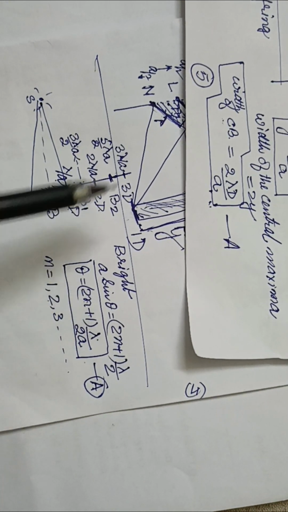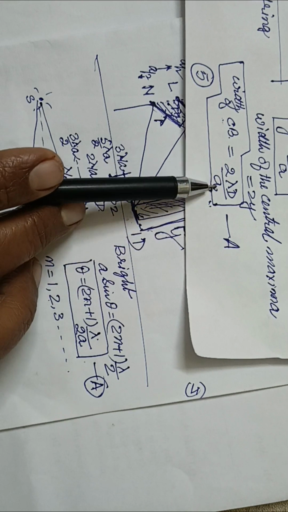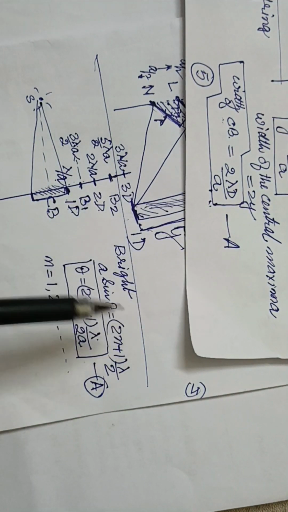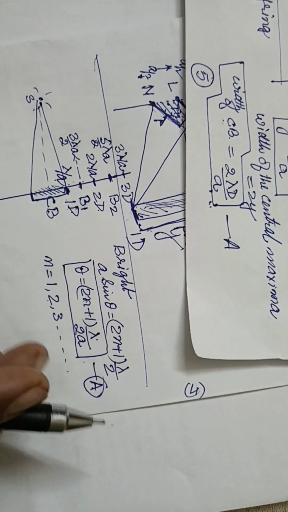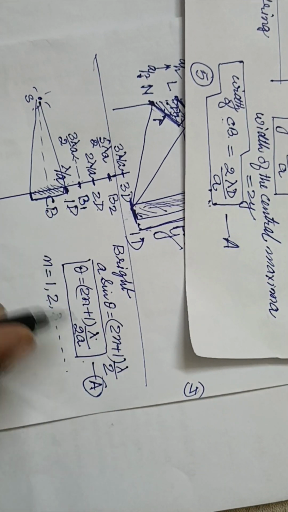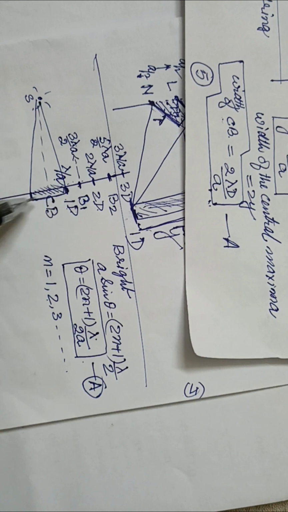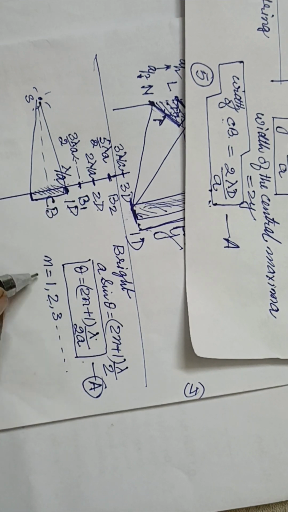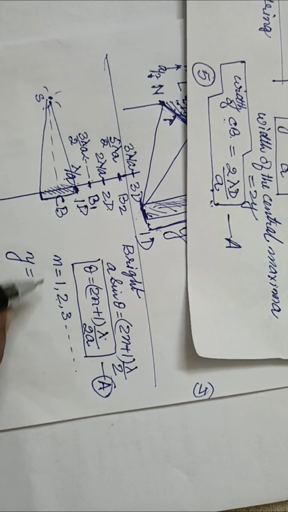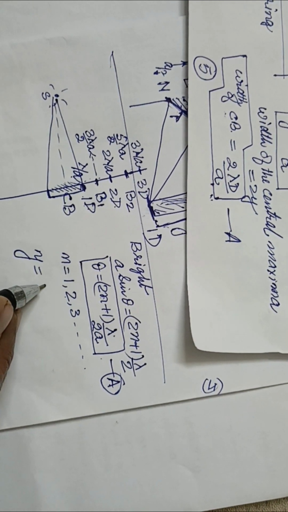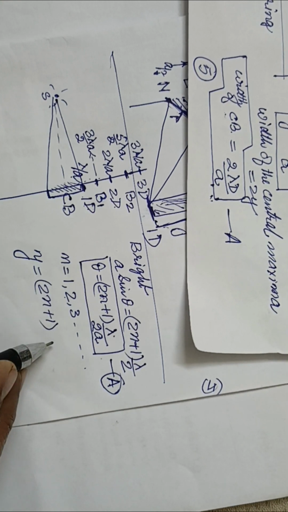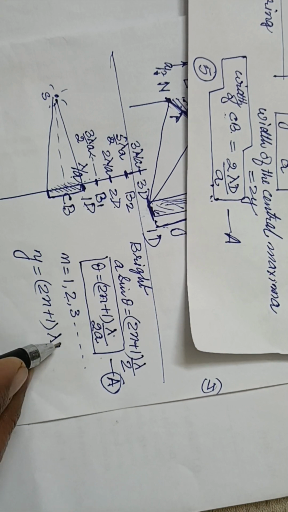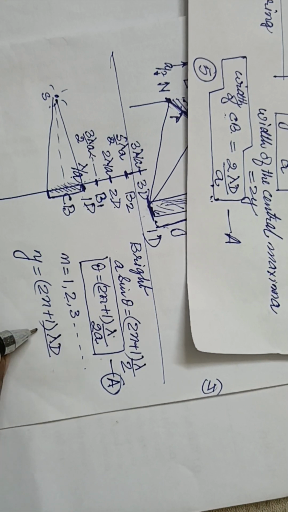In your syllabus it is only about the central maxima, not for the other cases. This year it is only for the central diffraction and its central maxima. I'm just telling you this in addition. And the position, if you want, will be y is equal to (2n plus 1) lambda D upon 2a.